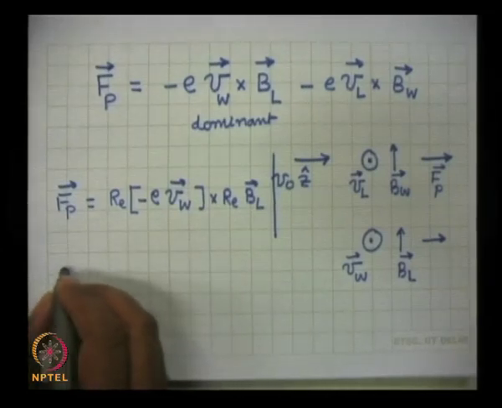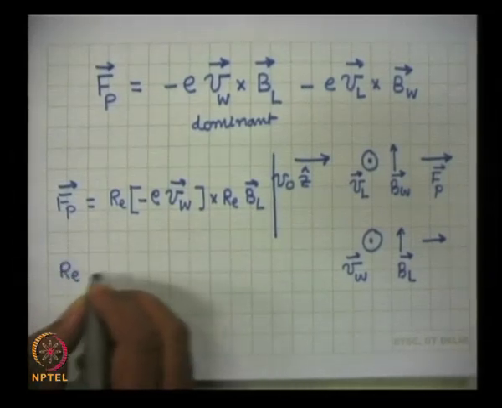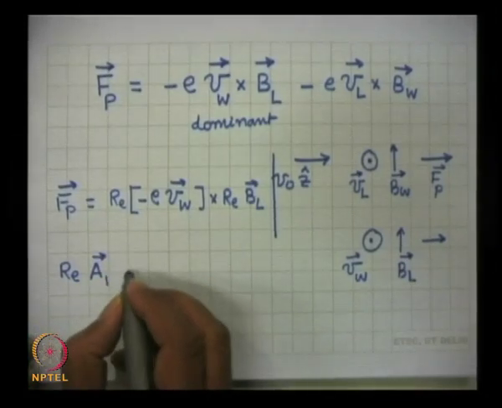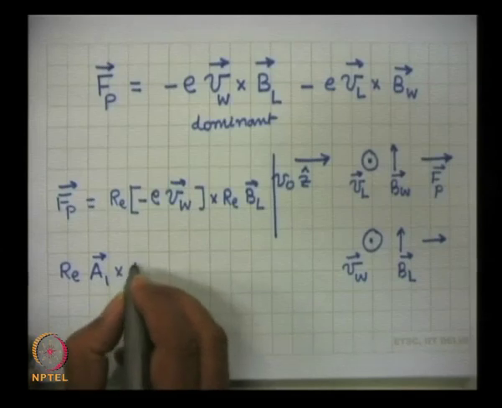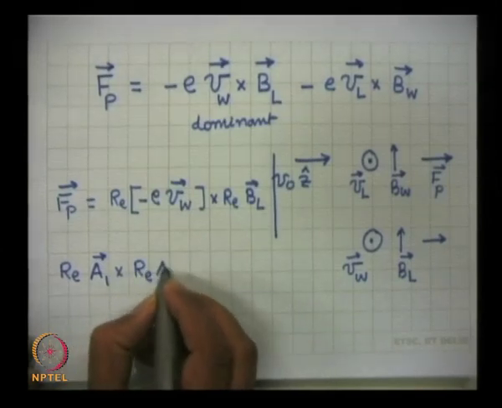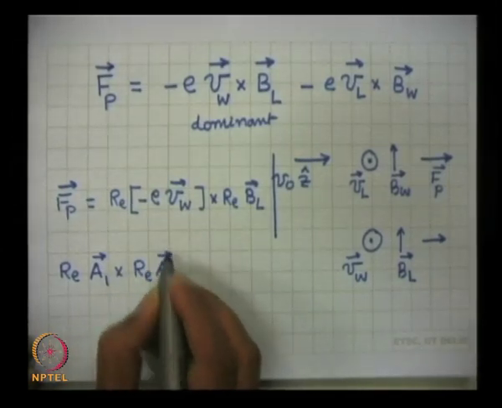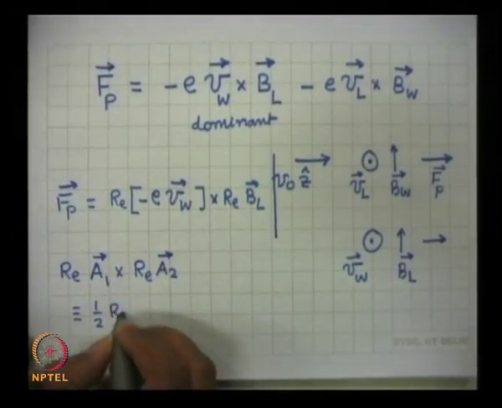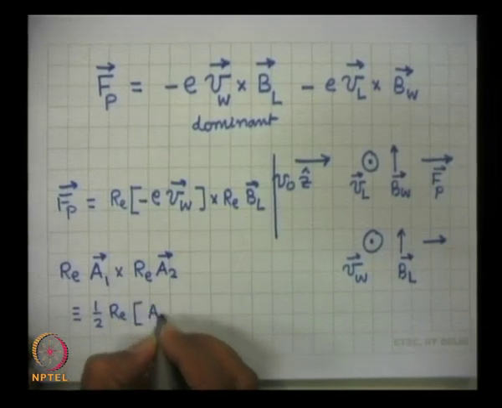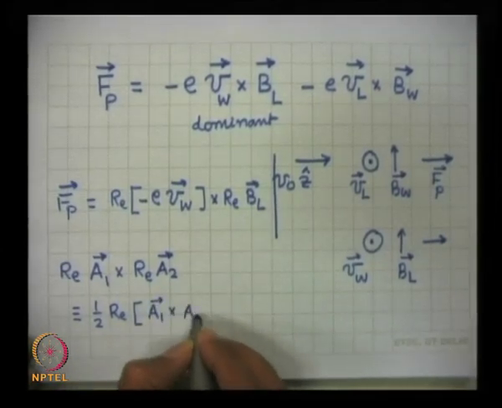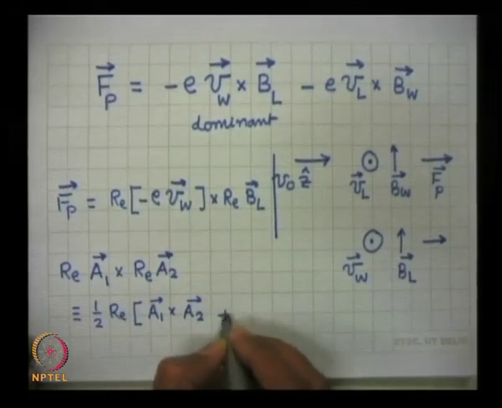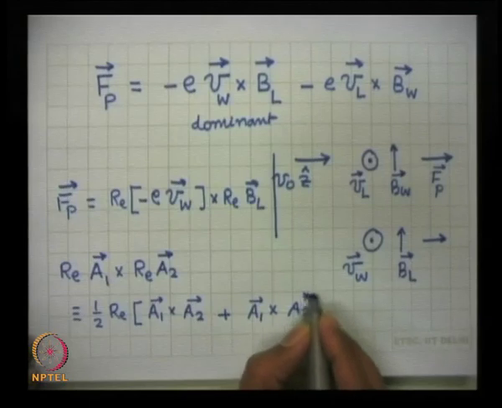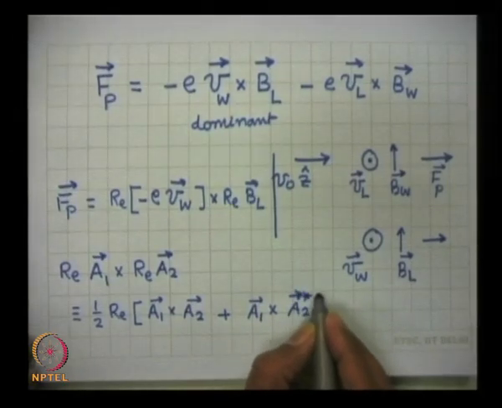If one uses a complex number identity which says that if there are two quantities A1 and A2 and you want to multiply their real parts, then this can be shown to be exactly equal to half real part of A1 cross A2 plus A1 cross A2 star. Star means complex conjugate of the quantity.